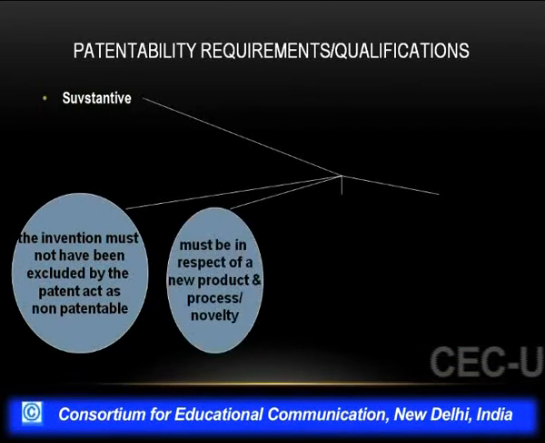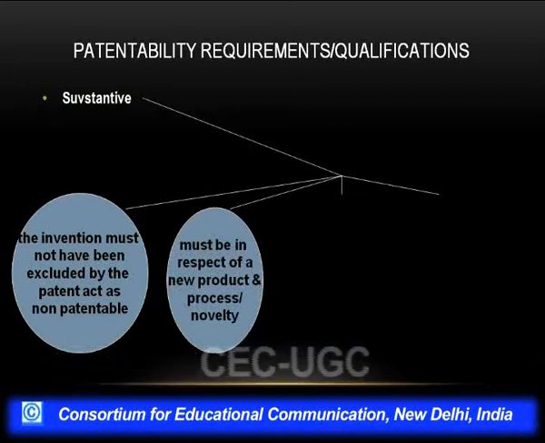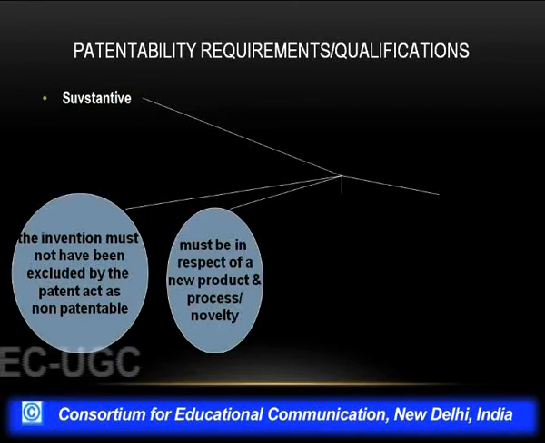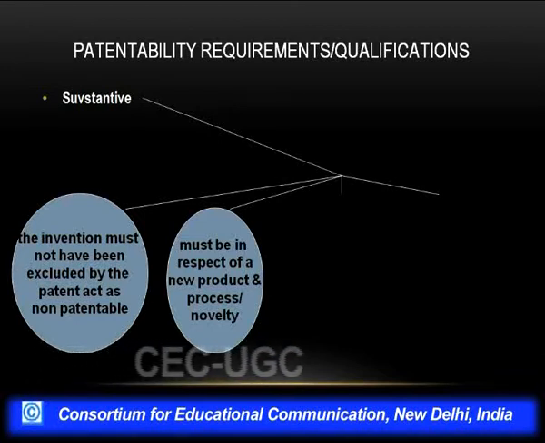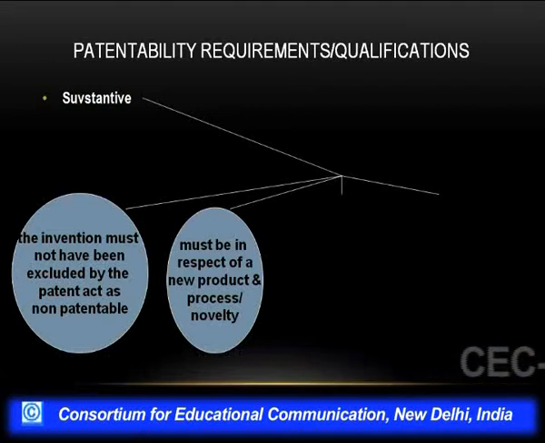The next is that the work must be in respect of a new product or process. If you remember section 2(1)(l), it reads that a patent can be granted to a new product or a process, and section 2(1)(j)(a) as well as section 2(1)(l) provides the definition for the words new invention and inventive step.